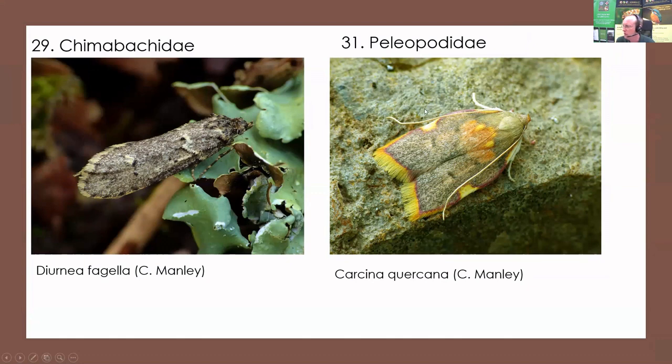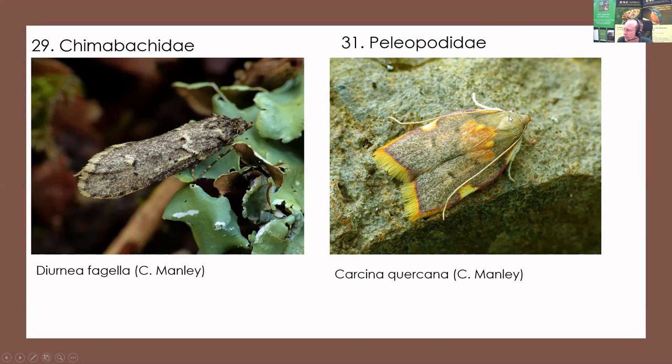And Carcina quercana, once you've become familiar with it, it's not a species you're going to mistake. It's pink and yellow. There aren't many pink and yellow species. And it's kind of Tortrix shaped, but the antennae are much, much longer than you'd get in most Tortricids. And the palps are much more sort of big and pointy and not as tufty as you get in a Tortricid.